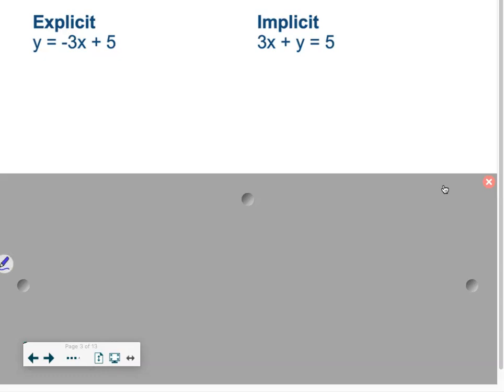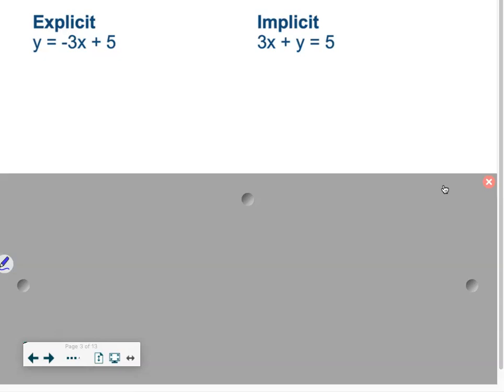That y, like one variable or one function, is equal to everything else. It is separated. Okay, so what I think I'm hearing you say is you have isolated one of the variables. Yes. Would it matter if I had x equals? Would that also be explicitly defined then? Yes. Okay, that's fair.